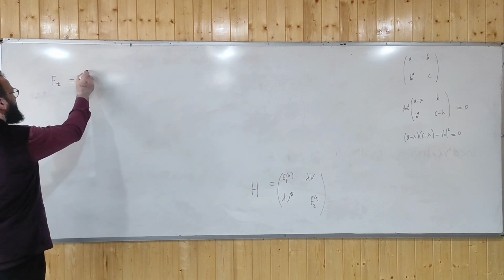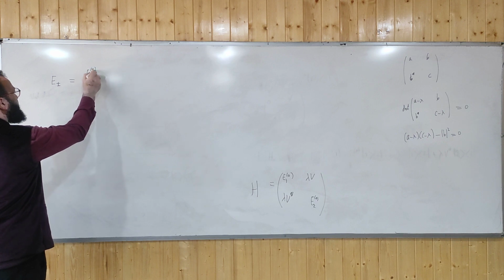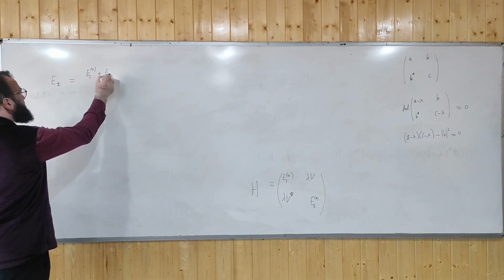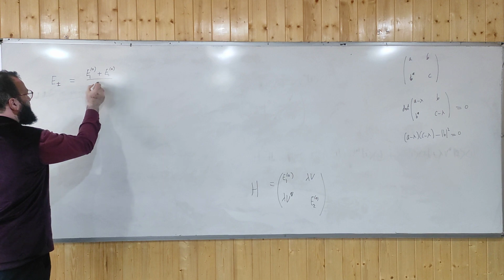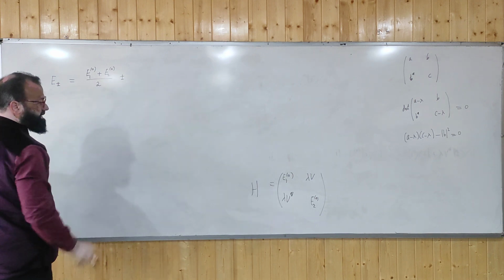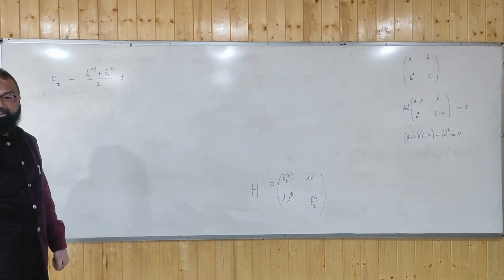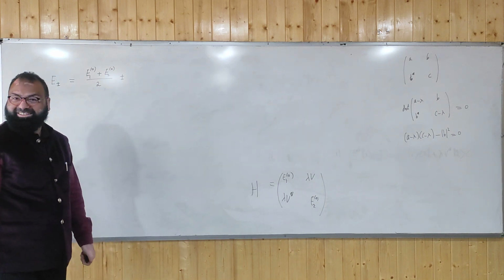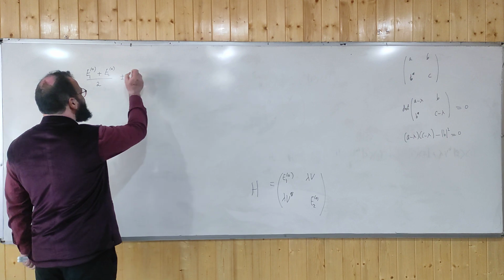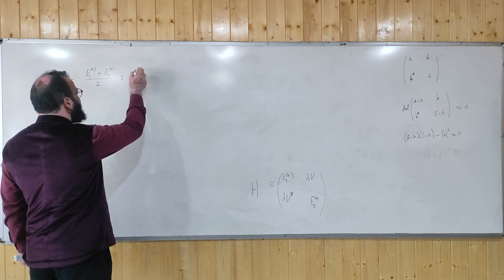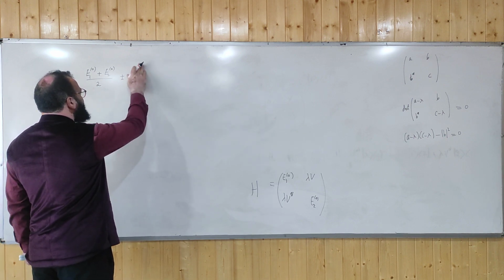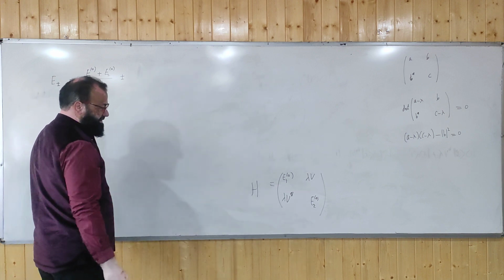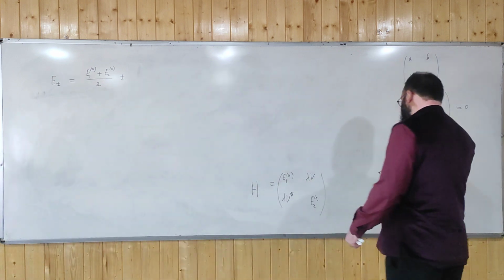Those will be equal to E1 0 plus E2 0 divided by 2, plus minus. Anybody? Okay, let's calculate it for your paper.